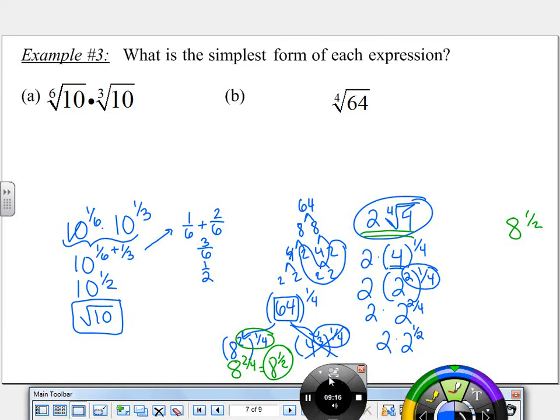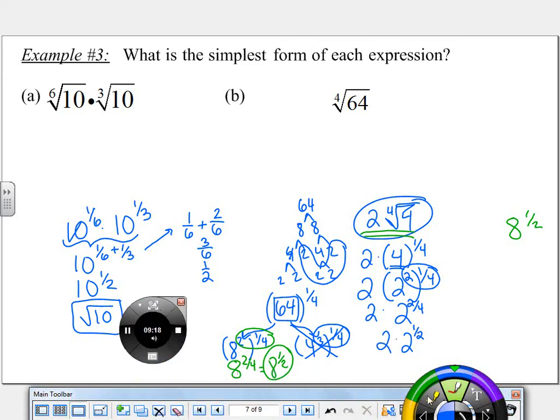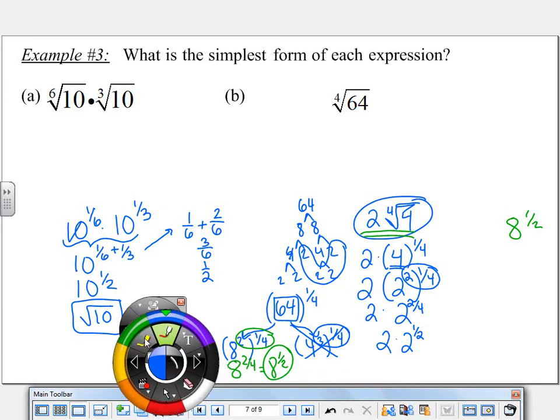And so again, since the problem was given to us in radical form, we're going to go back and write each of these in radical form. So here, 2 times 2 to the 1/2 is 2 times the square root of 2. So there's our answer if we did it this route. If we had done it from the 8 to the 1/2 power, this is the square root of 8, which if we break it down, we get 2 times the square root of 2.